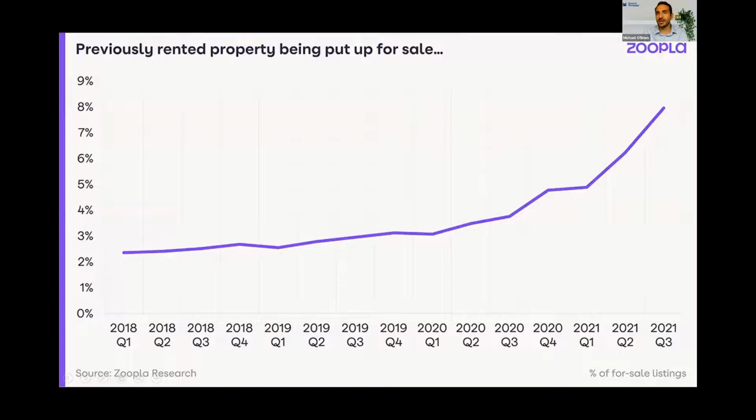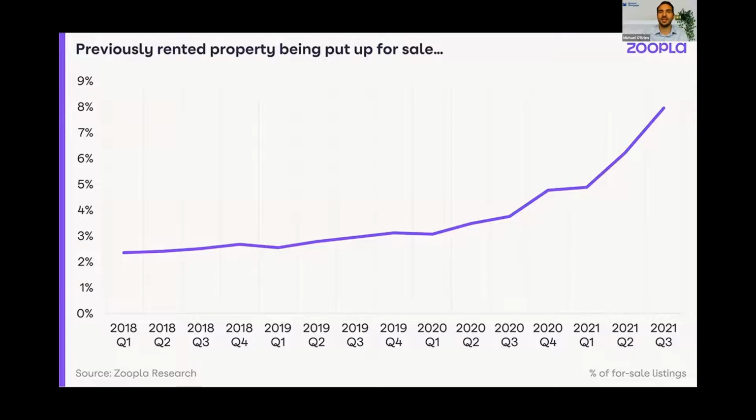This is a slightly older slide here, but this is information from Zoopla, and this slide shows properties that were marketed on Zoopla to let and then marketed on Zoopla for sale. So they're looking at previously rented properties that have been put up for sale.